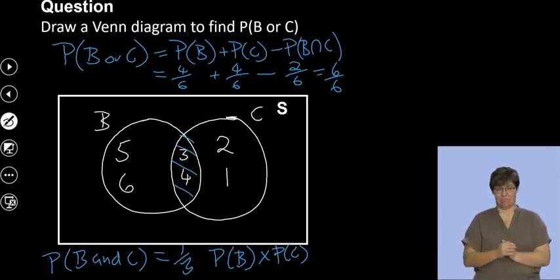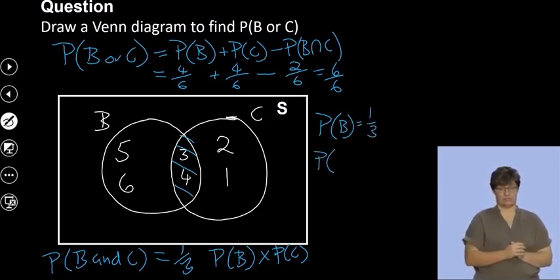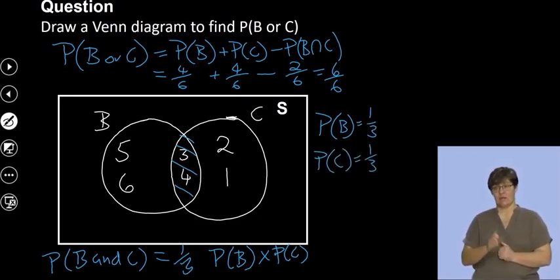So if we take the probability of B, recognize the probability of B from that calculation over there is 1/3. We take a look at the probability of C, recognize that's 1/3. Now, what's the product of those two?